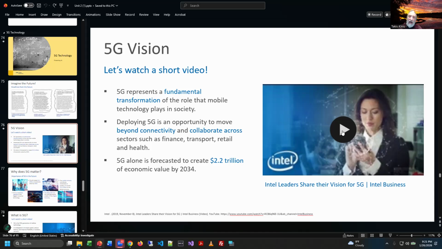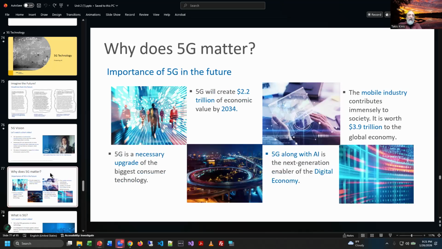This video here talks about how they envision 5G having an impact on society. I'm not going to run that video in the interest of time, by the way. But this has been a technology that has been in the plans for a long time, but to deploy it has been a little bit more difficult than the previous technologies.